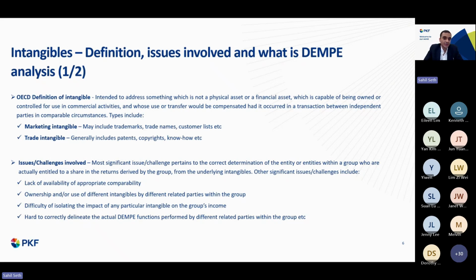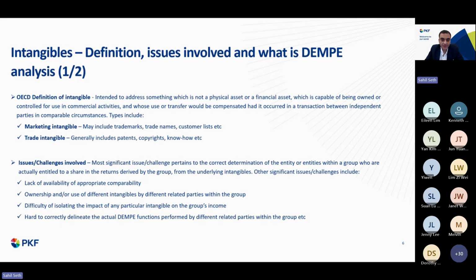Now, why is this issue important, right? The most important challenge is that when there are entities involved in a group, one entity would be the owner or controller of the intangible, one would be contributing, and one would be using the intangible, right?